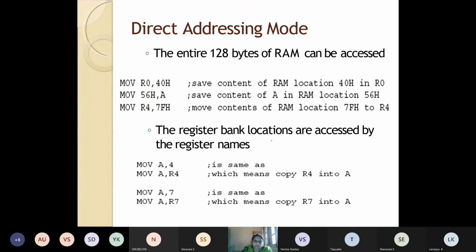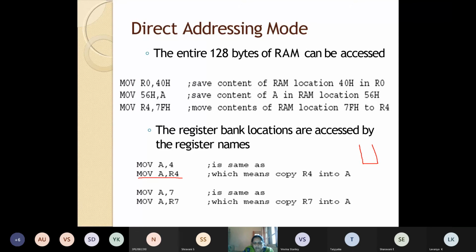All the registers in bank 0 are R0, R1, R2 like this. R0 corresponds to memory location 0, R1 corresponds to memory location 1. So instead of writing MOV A, R4, which copies the content of register R4 to A, note that the register banks are within the RAM area.